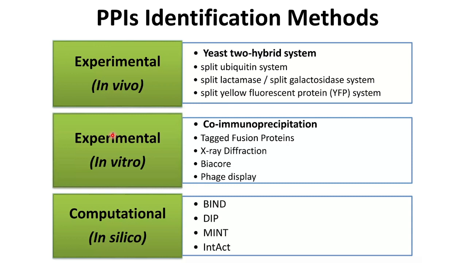Then for in vitro experimental assays, you have co-immunoprecipitation, tag fusion proteins, X-ray diffraction, Biacore methods, and then the phage display technique. And then in computational or in silico methods, you have BIND, DIP, MINT, and IntAct.